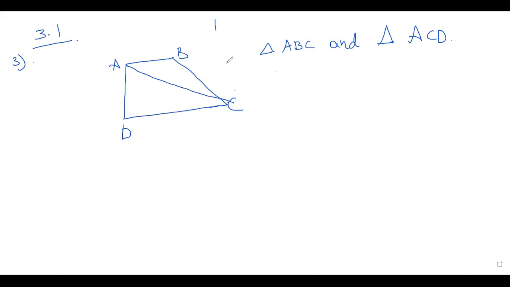The sum of all the angles of a triangle is 180. So the sum of angles of ABC is 180 degree and plus the sum of angles of ACD is 180 degree. That is equal to 360 degree. So the sum of all the angles of the quadrilateral is 360 degree.